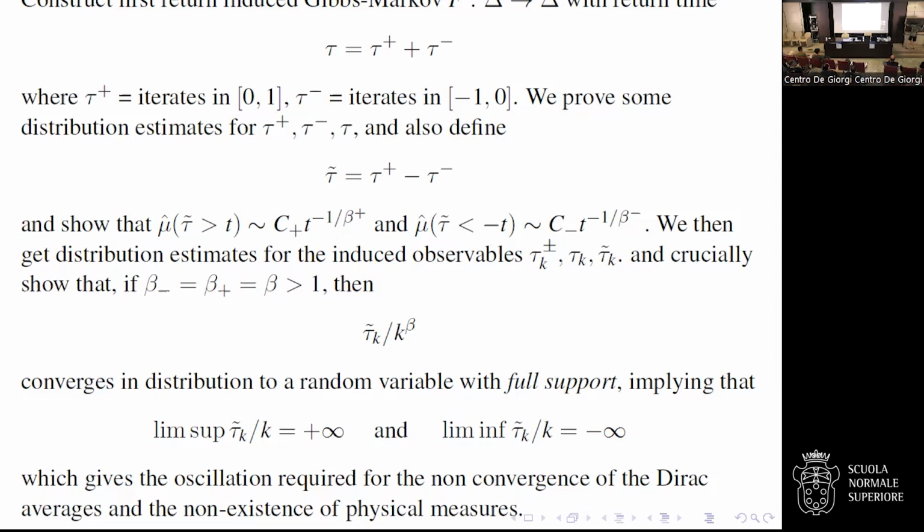So if you imagine, just to give you an idea, let's say we have this picture here. I don't know how well you can see it from there, but we have two intervals, which we call delta minus, and another interval here, which we call delta plus.